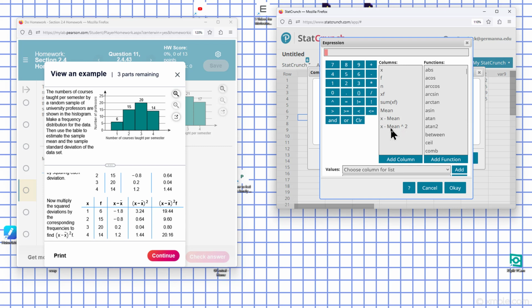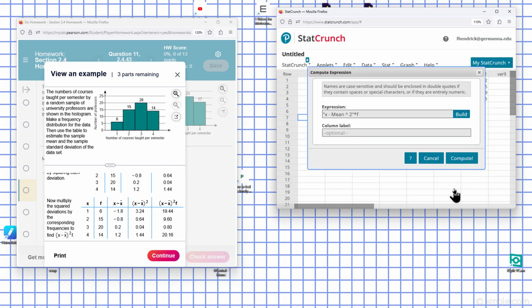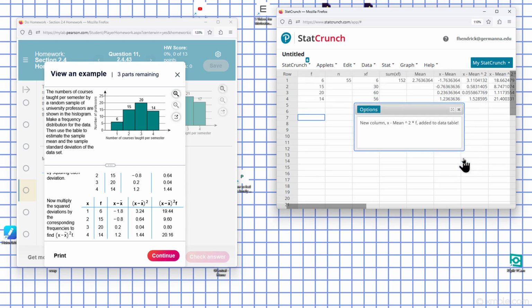I have the difference of the mean squared times f. Hit OK, and then I hit compute. And there are my values.